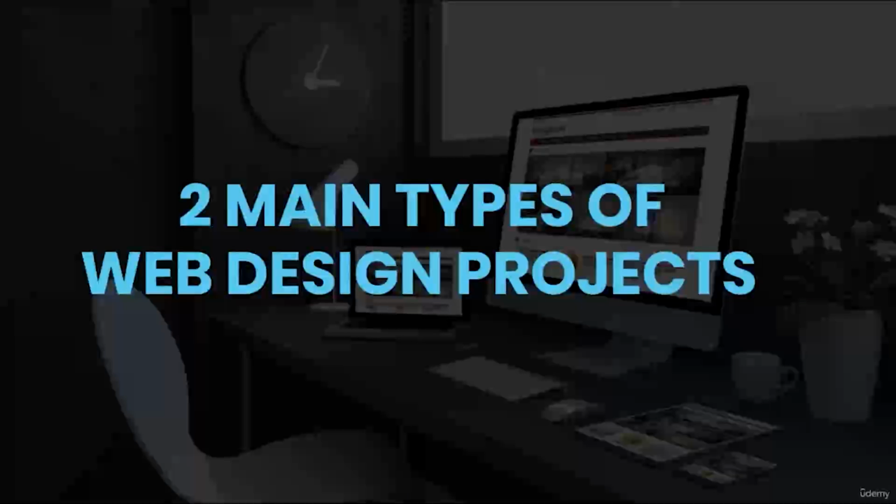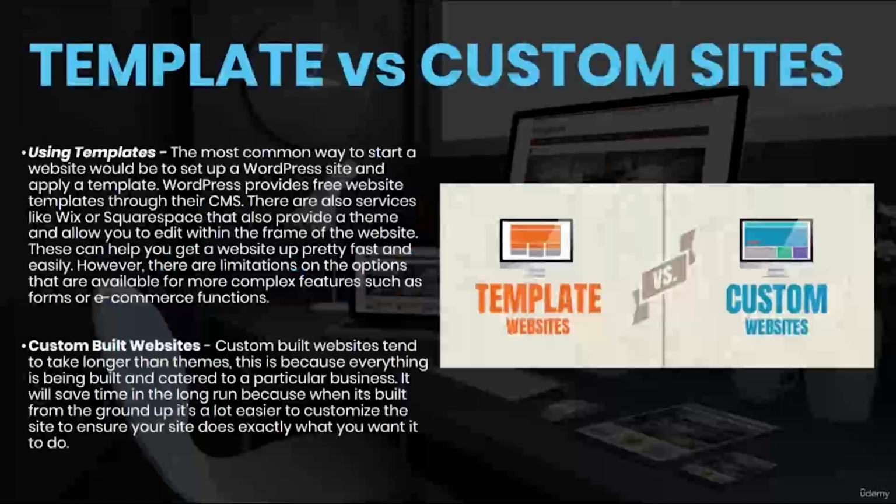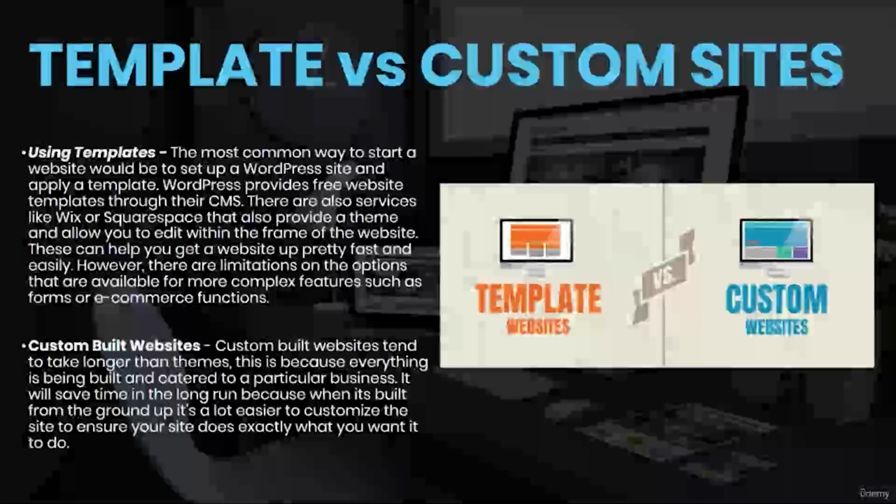So the two main types of web design projects are using templates and custom built websites. Using templates is going to be your best bet, because a custom built website can be several thousands of dollars up into the tens of thousands of dollars. There are websites out there that will cost hundreds of thousands of dollars.